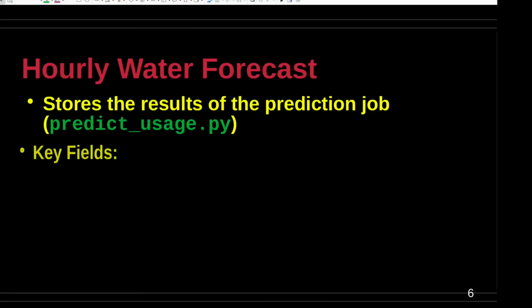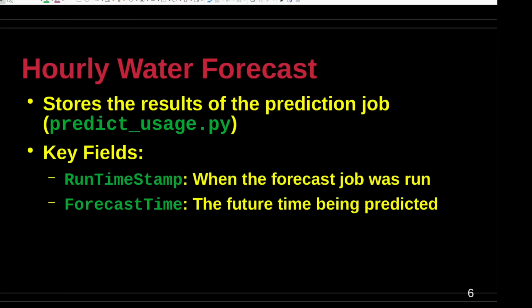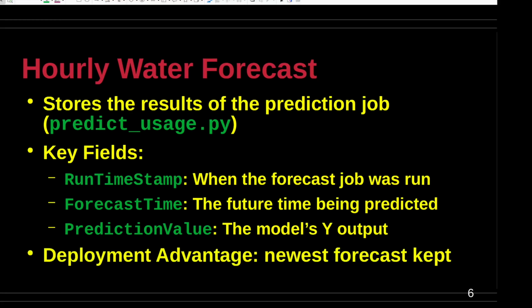Hourly water forecast in the prediction store. This is where machine learning operations, often referred to as MLOps, principles shine. The combination of forecast time unique and the insert on duplicate key update logic means the predict_usage.py script is idempotent.